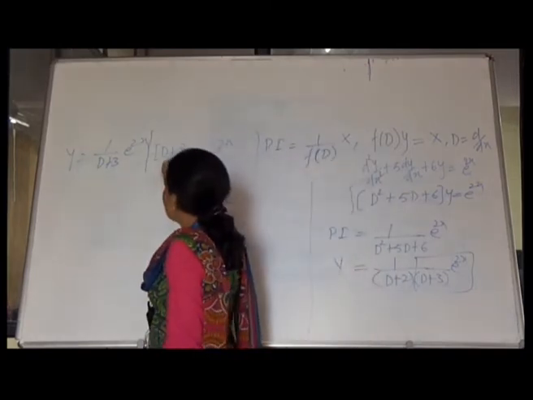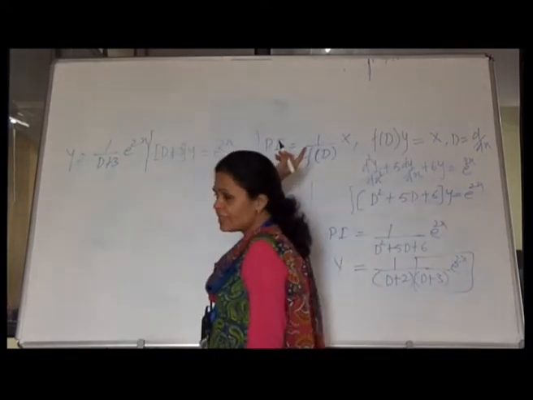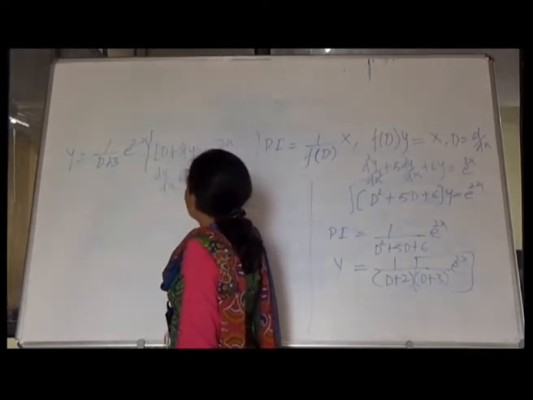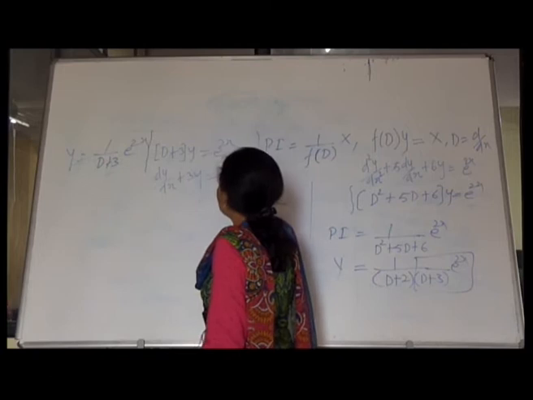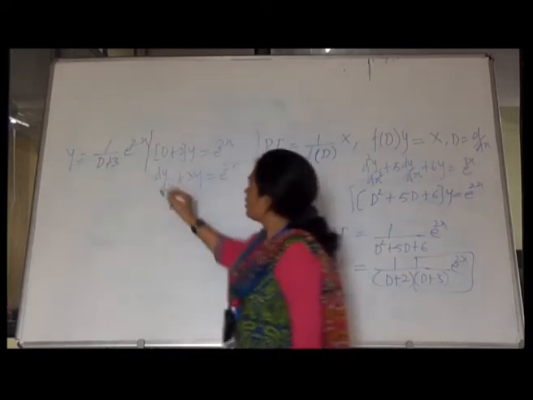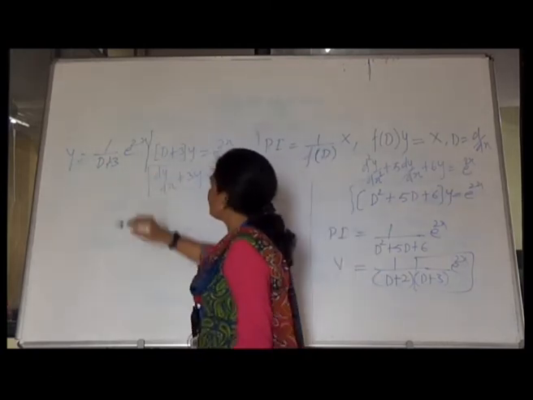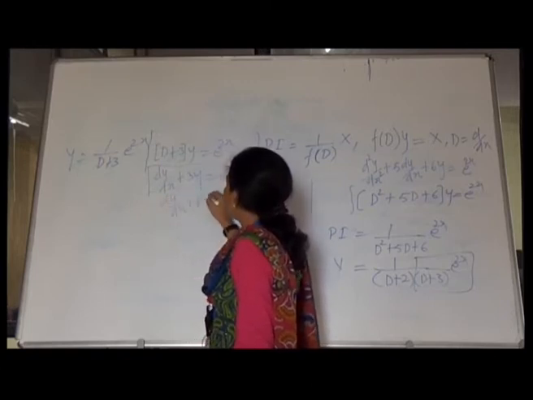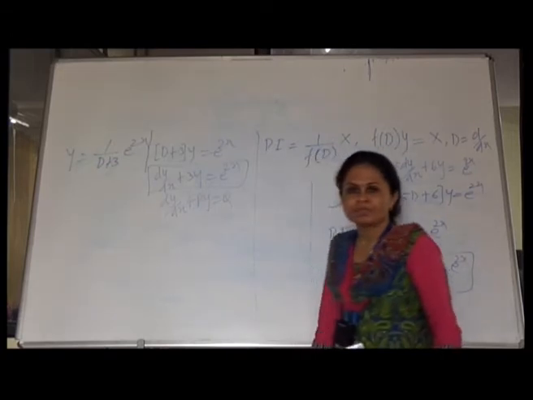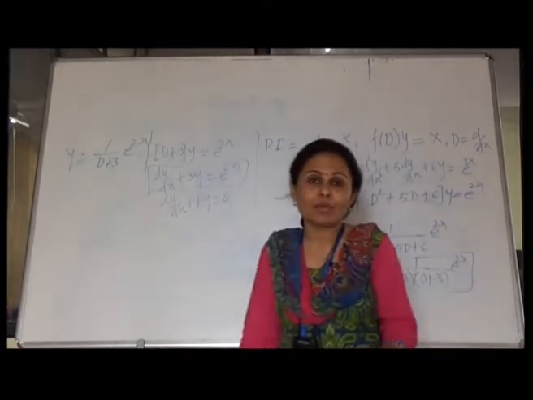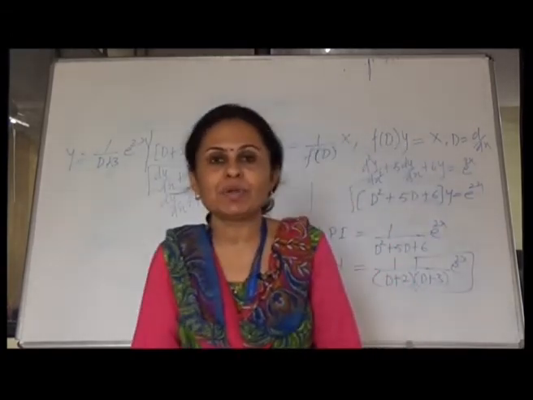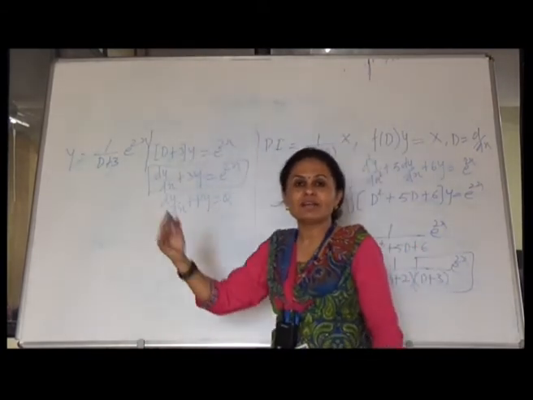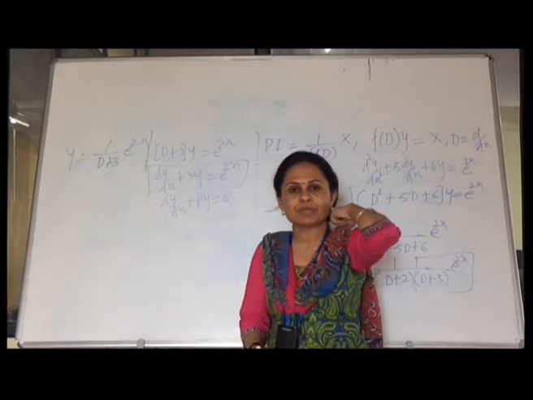If you see, d means d by dx, as you already said. This gives me dy by dx plus 3y is equal to e raised to 2x. Can you compare this equation with the structure dy by dx plus py is equal to q? What are the conditions for an equation to be said as a linear equation? Let us recall. This is the result we have already learnt in first order first degree differential equations.